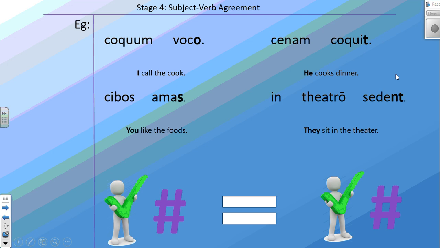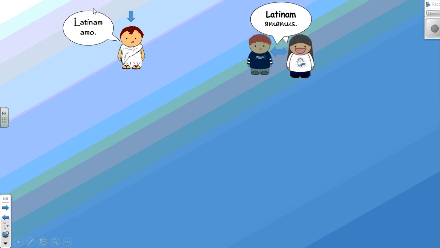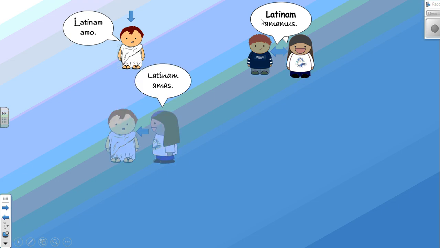And then I made this nice little chart. Those of you who had me for Latin in 6th grade may or may not remember this, or may not have seen it, depending on what our particular grading period did. But I find this a nice illustration of the person in numbers. So Latinam amo, first person singular O, I love Latin, me talking about me. Latinam amamus, we love Latin, so us in a group talking about ourselves.